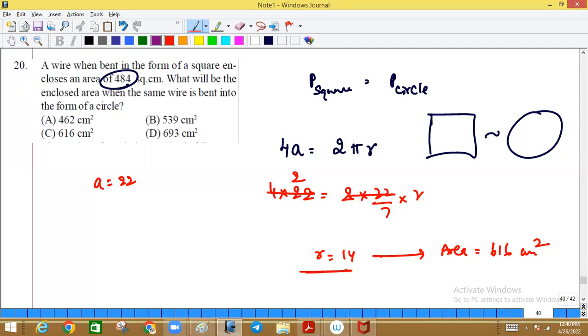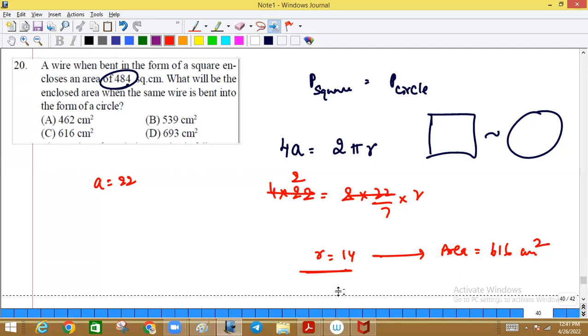Now see, when the perimeters are the same, what is the area of the square? 484. What is the area of the circle? 616. Which figure occupies the maximum area? Circle occupies the maximum area.